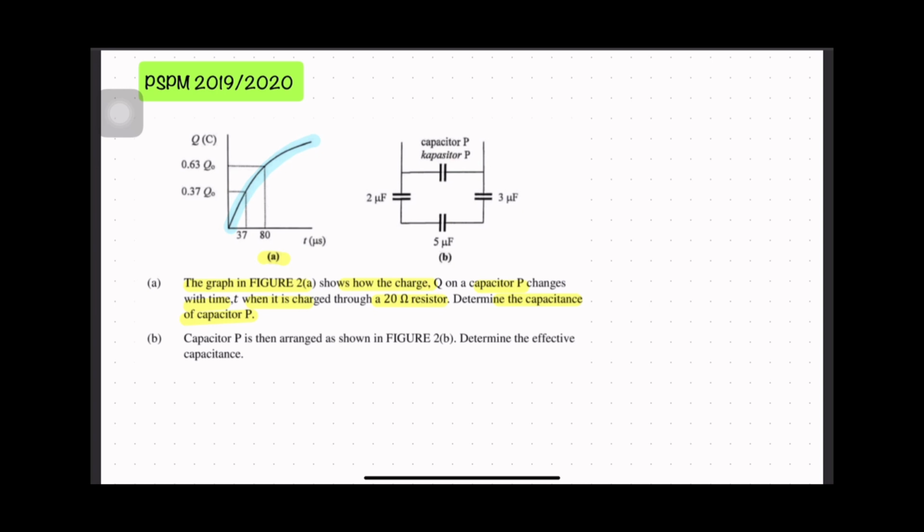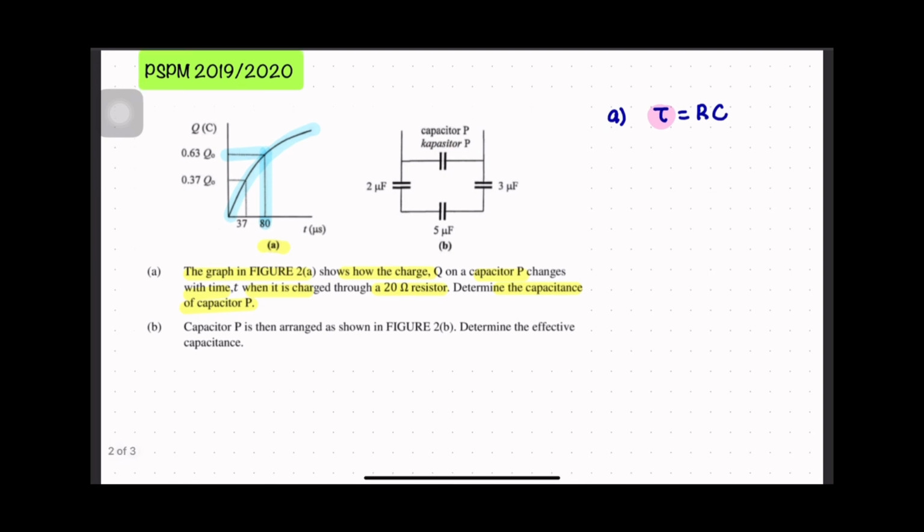So macam mana nak baca graph charging process? Charging process bila dia punya charge is 63% from maximum charge, dia adalah tau. Means that tau ni adalah time constant. Okay, time constant is equal to RC. Tau ni bila masa you nak ambil time constant tu pada graph, iaitu kalau charging process dia adalah pada 63%, 0.63 from Q0 tu adalah tau.